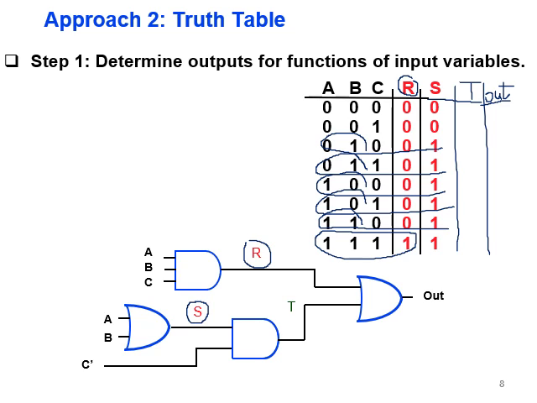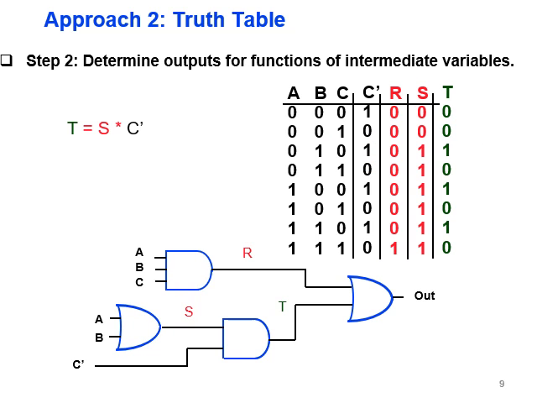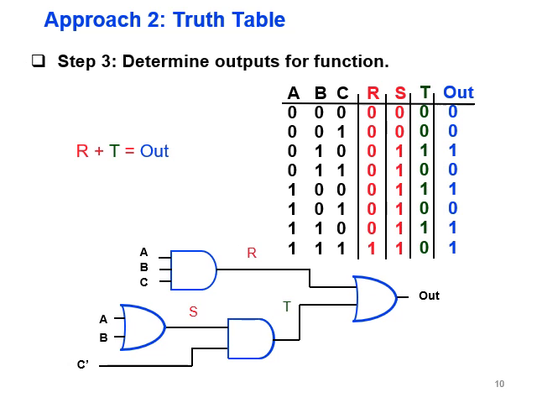So we take them gate by gate to find the truth table until we reach the output. You see here, I added T because it's the multiplication of R and S. I added the output. This is T, which is the multiplication of S and C dash, and then I have the output.